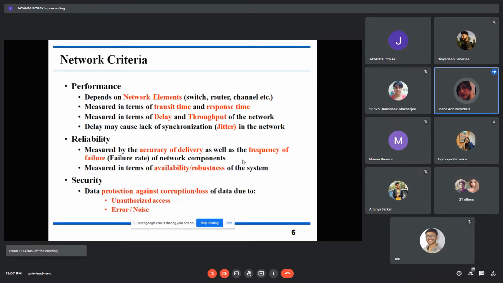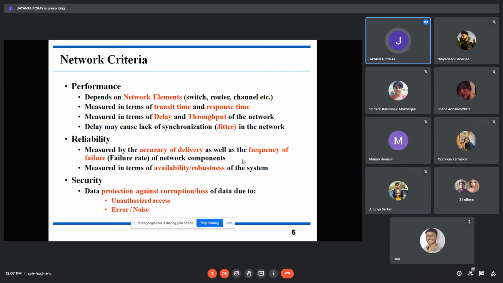And the response time is similar, just in the reverse way: how long it takes for the data packet or the answer to come back from the second device to the transmitting device. Yes, so more or less, you are answering correctly.